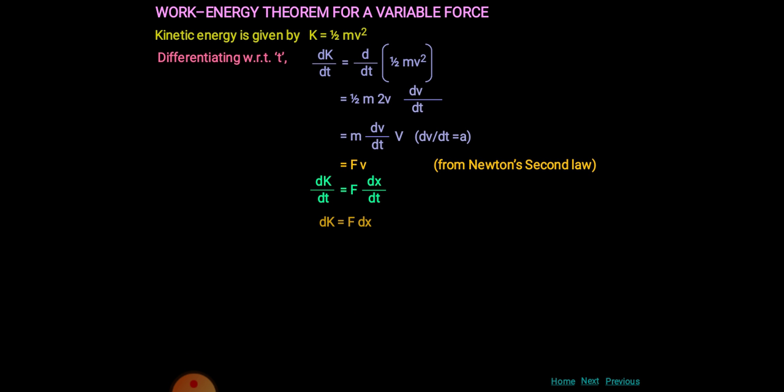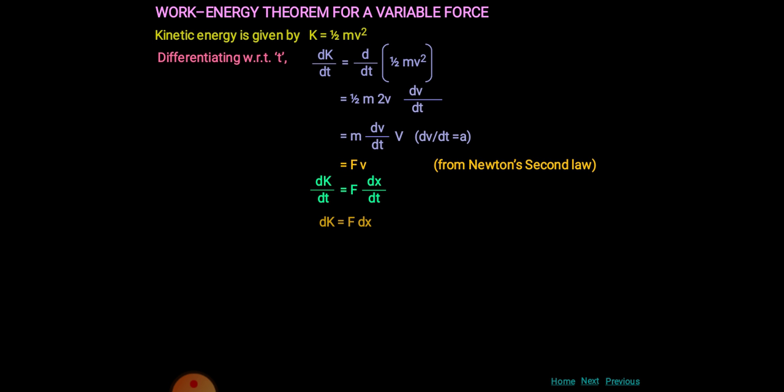Now integrating both the sides, F is force, dx is displacement, and dK is the change in kinetic energy. So we integrate both sides, from Ki to Kf, meaning from initial kinetic energy to the final kinetic energy, and here we take initial displacement to the final displacement.